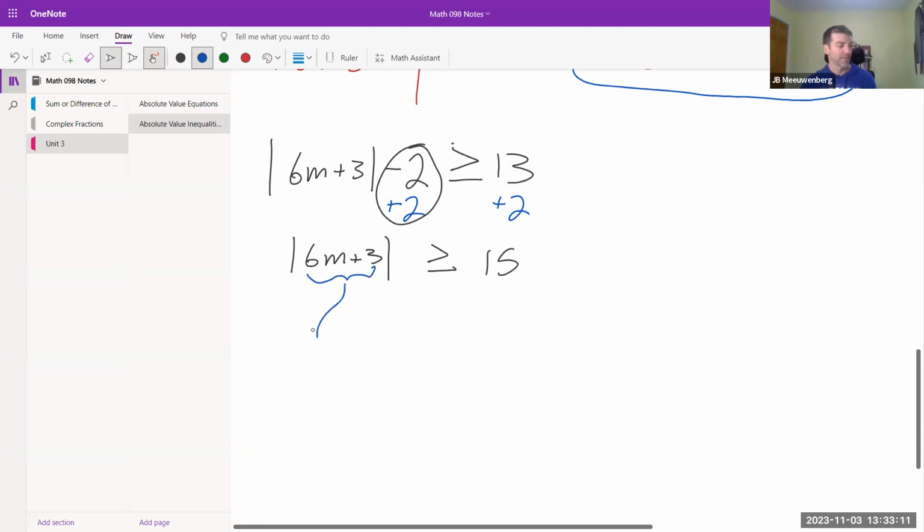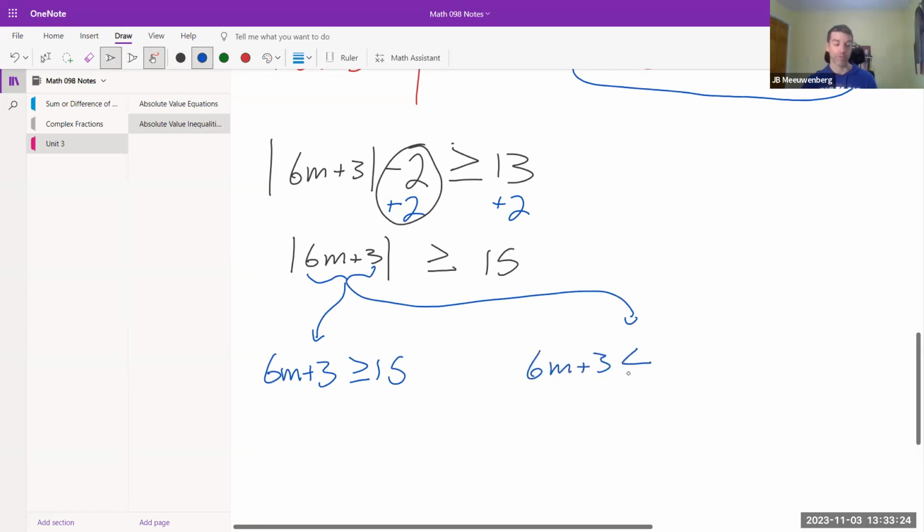Take this, write it as 6m plus 3 is greater than or equal to 15, just like this. And then over here, 6m plus 3 is less than, remember, we flipped the direction, less than or equal to, and we make it -15. And we solve both of these inequalities. Minus 3 from both sides gives us 6m is greater than or equal to 12.